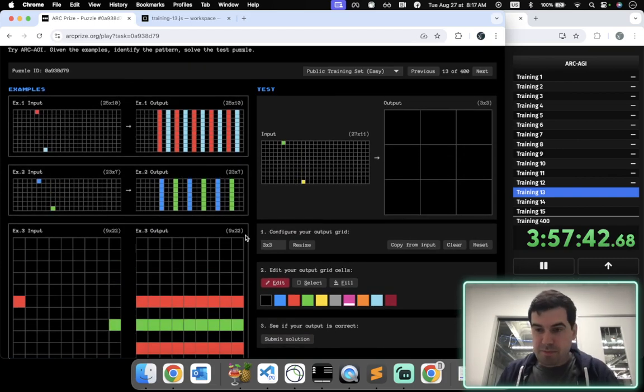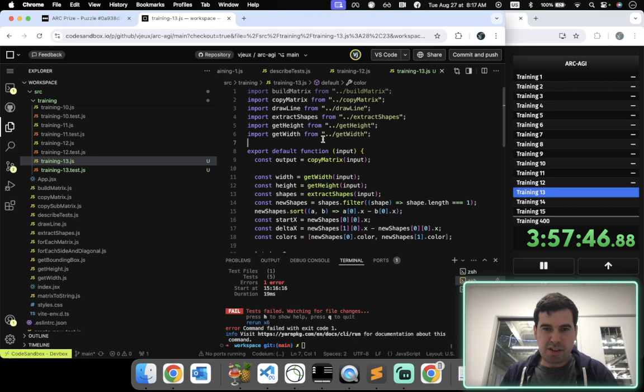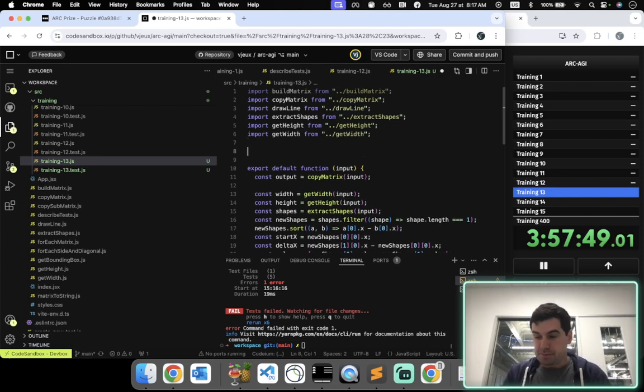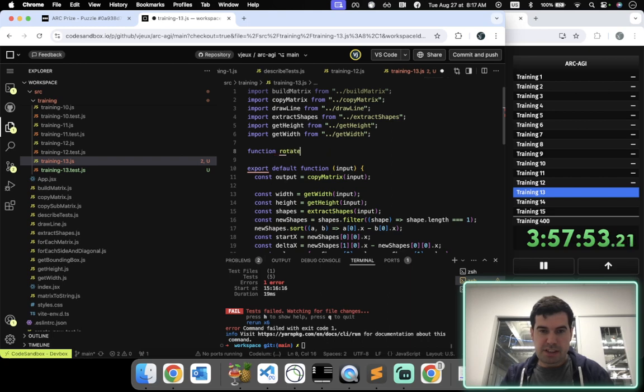Perfect. So now what we need to do is implement a function to rotate. So function rotate right, the inputs.